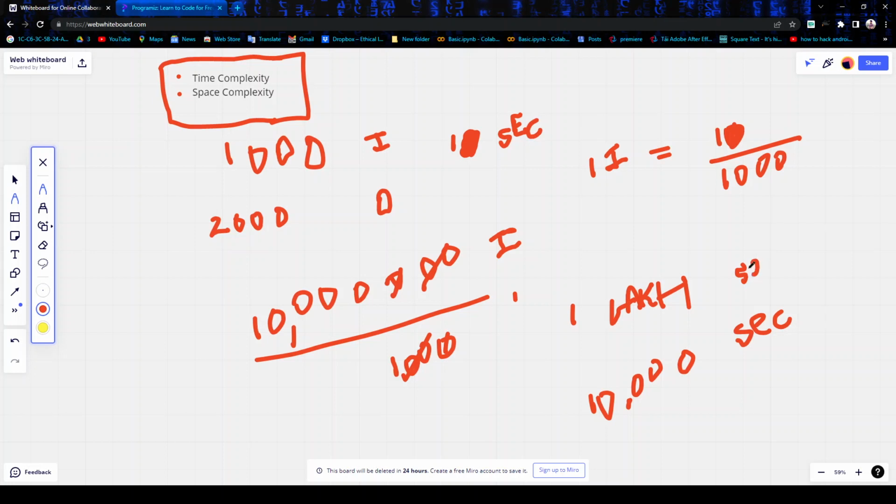So you can see that when we are talking about a large number of inputs and outputs, organizations such as Facebook, Meta, Instagram, Apple, and many very big organizations have millions of inputs.